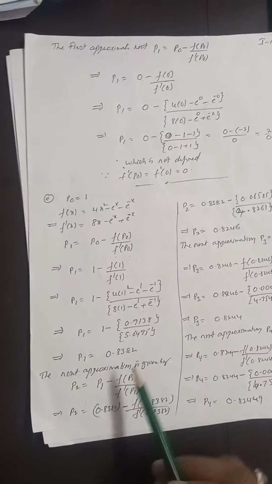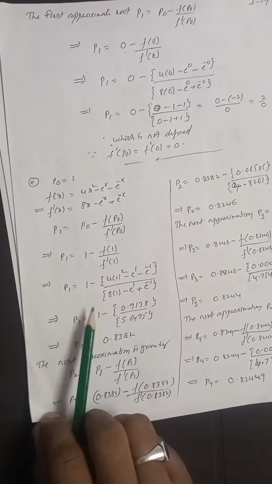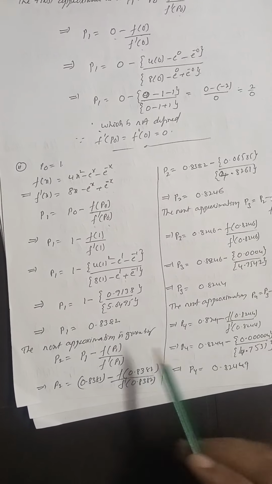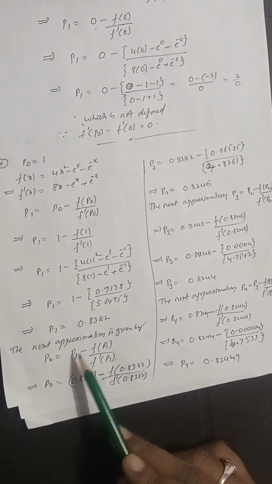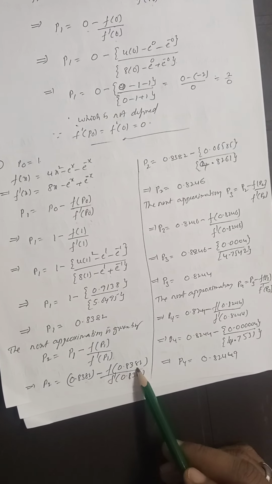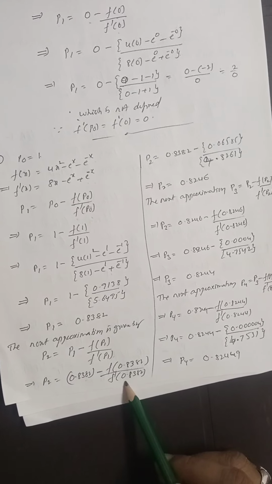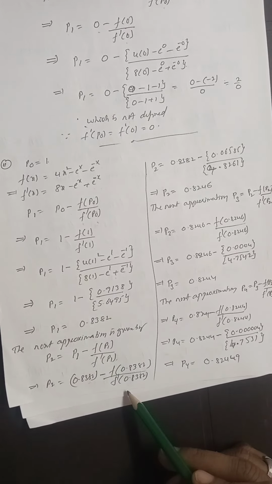Now if you want the second approximate value, the second approximate is denoted by P2 and it is given by P1 minus f of P1 by f dash of P1. Same formula. Now here P1 value is this one, we are substituting minus f of 0.8382 by f dash of 0.8382. We know f of x and we know f dash of x.